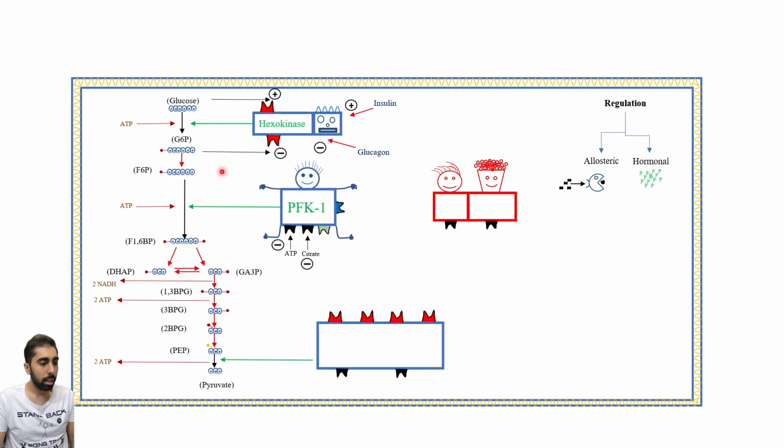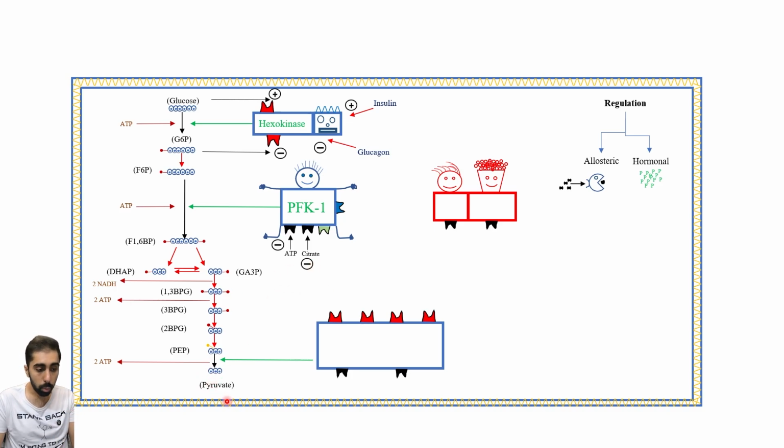And whenever we watch the molecules before the enzymes, for example, glucose 6-phosphate, these molecules will stimulate the enzyme. In other words, everything we have from here backward will be stimulatory, and everything we have here and in continue will be inhibitor.